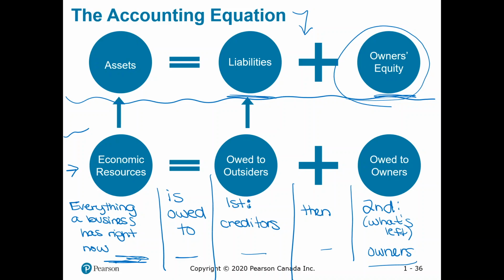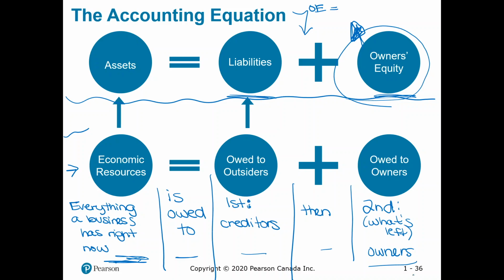I know you've likely heard the terms assets and liabilities before, but owner's equity might be new. So another way, like I've said, to think of it, it's what is owed to the owners. And we could reorder the equation, do a little algebra, and actually solve for owner's equity.